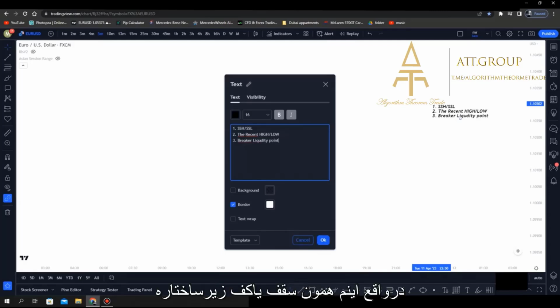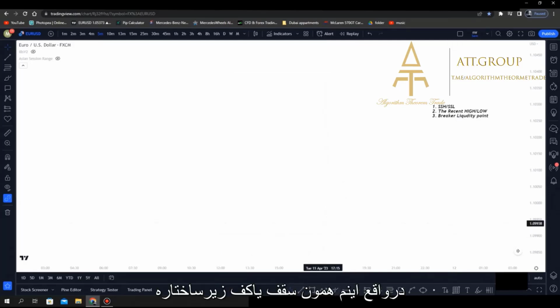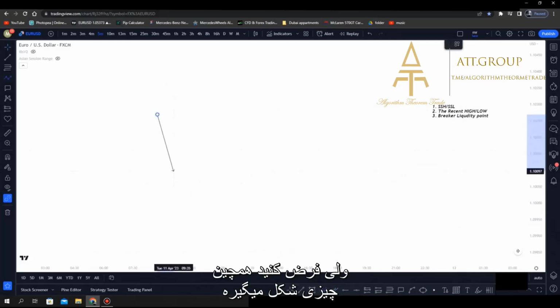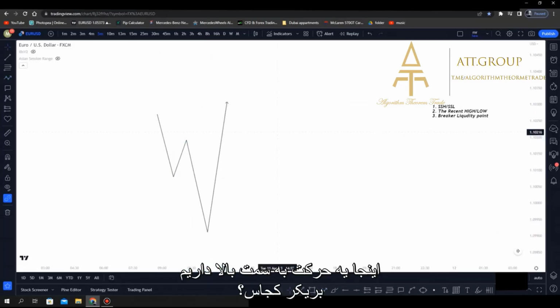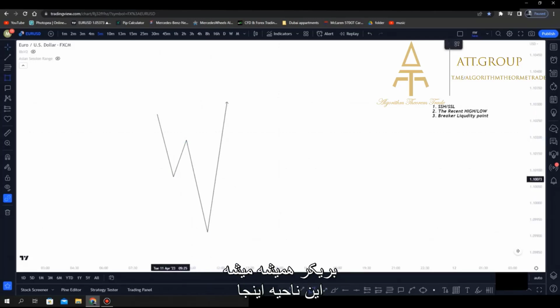And basically what this means is honestly the same thing as substructural high, substructural low, but let's say for example we got this pushed upside. Where is the breaker? The breaker is always this POI right here.